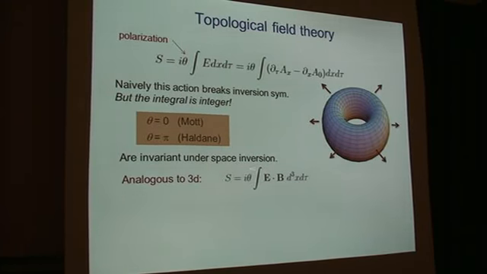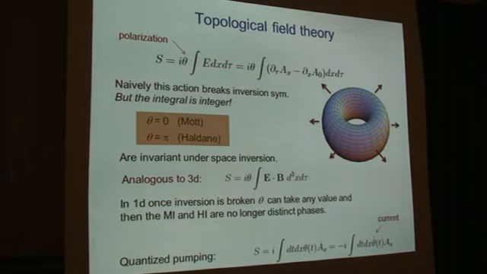But if this theta is 0 or pi, even if it's pi, the partition function is still invariant under these symmetries. But once I break the inversion symmetry in this model, theta can take any value, and then the Mott insulator and the Haldane insulator are no longer distinct. So this is a way to understand it from the field theory.